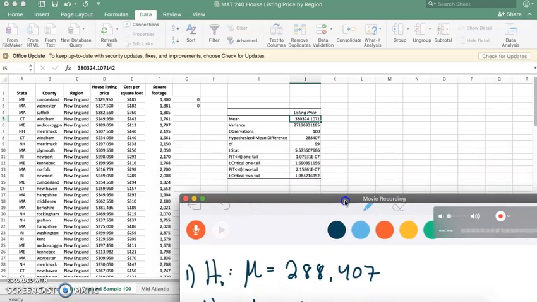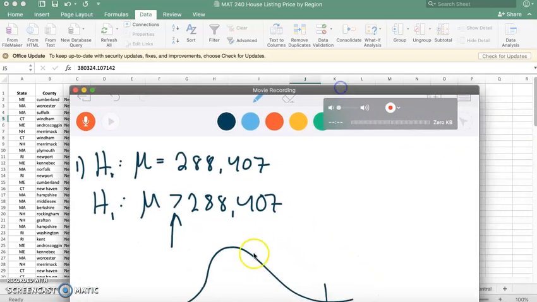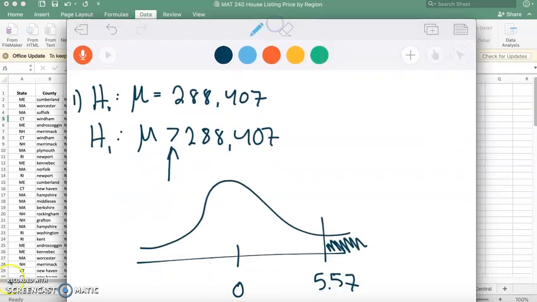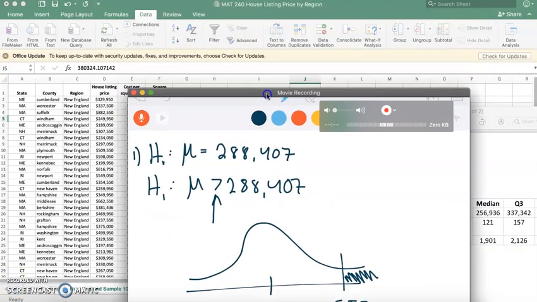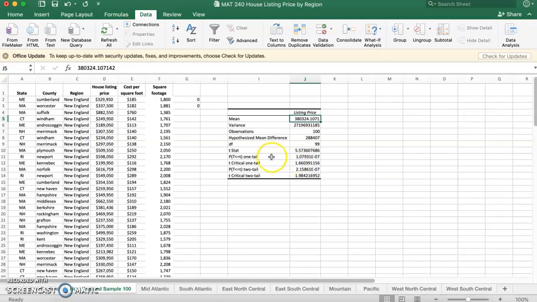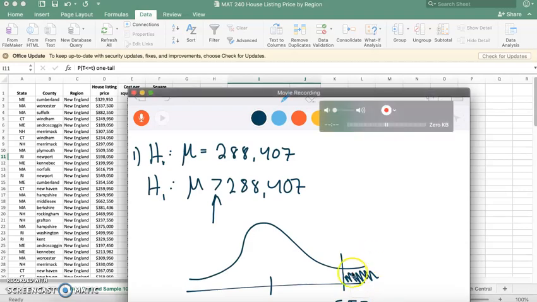It's important to remember that this output right here, this p-value, with the t distribution, gives us the area to the right here.